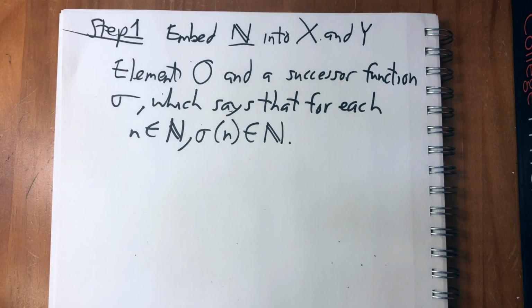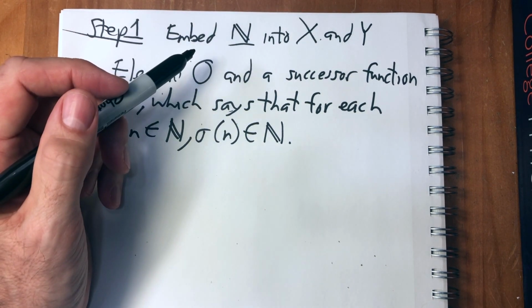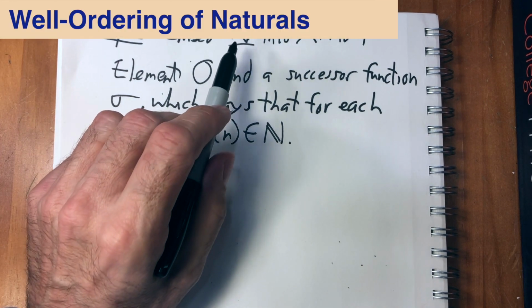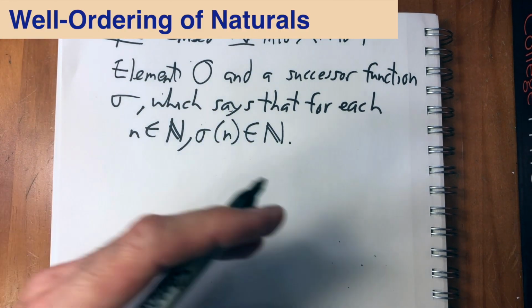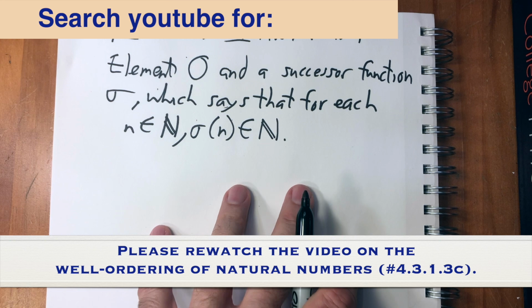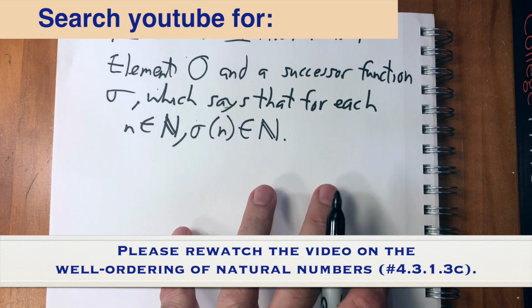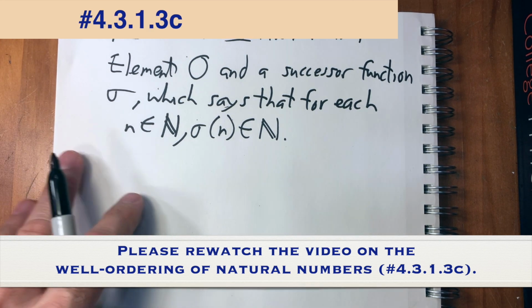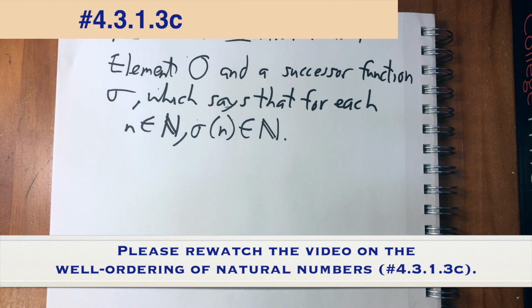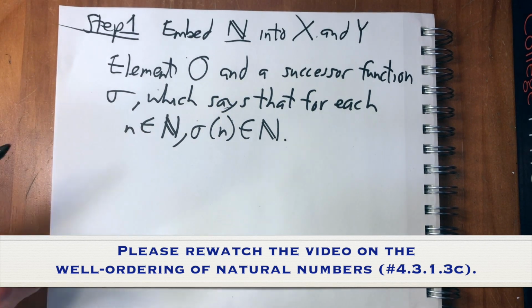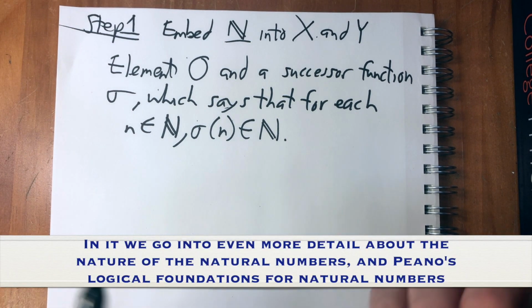If you remember from when we talked about the Archimedean property, we had to use the well-ordering property of natural numbers in order to prove that. At that time, I talked about the fact that there is an axiom of induction, and there's the well-ordering principle. You have to use one to prove the other, but you can do either one.